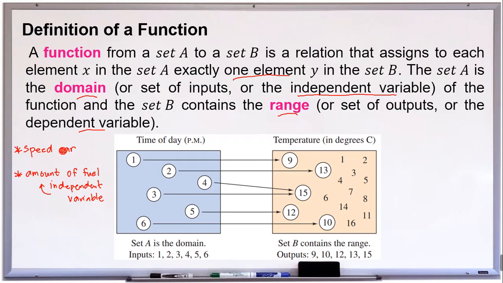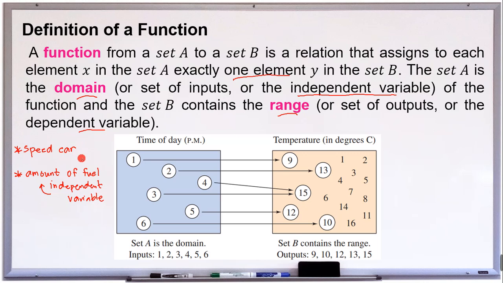Therefore, the speed of the car will be our dependent variable. So the values of the amount of fuel are known as the domain, whereas the values for the speed of the car will be our range.